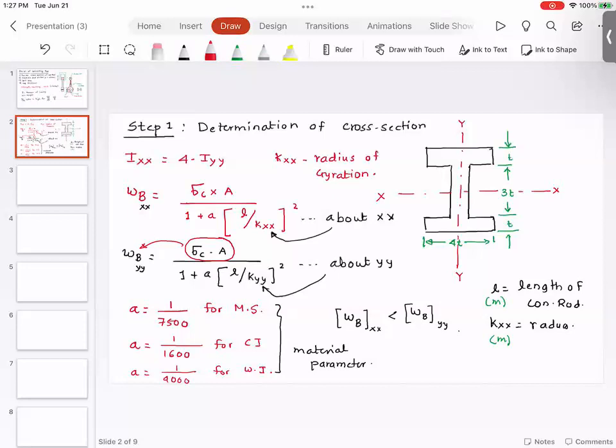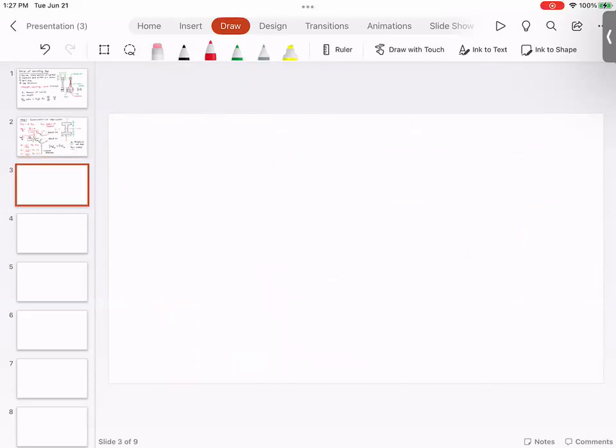So if the length of the connecting rod is quite high, then it will have less buckling strength. Now, what we do here is we find out WB maximum, which is maximum gas load.